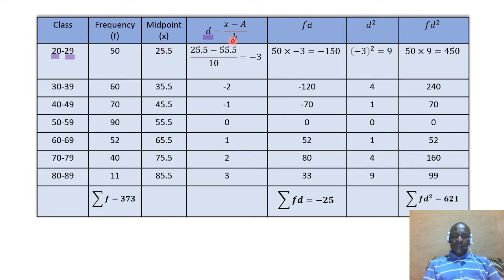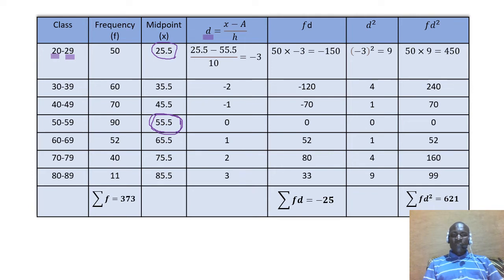Now this is how we proceed for the d column. We say x minus a. Our first x is 25.5, then minus a. We said I will pick my assumed mean as 55.5.